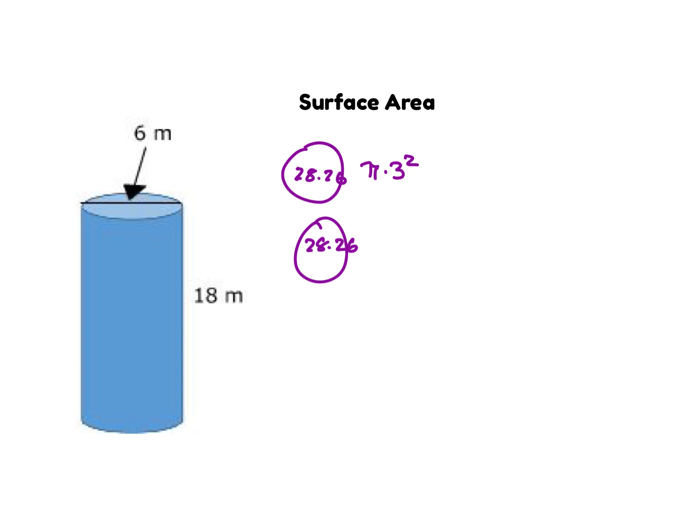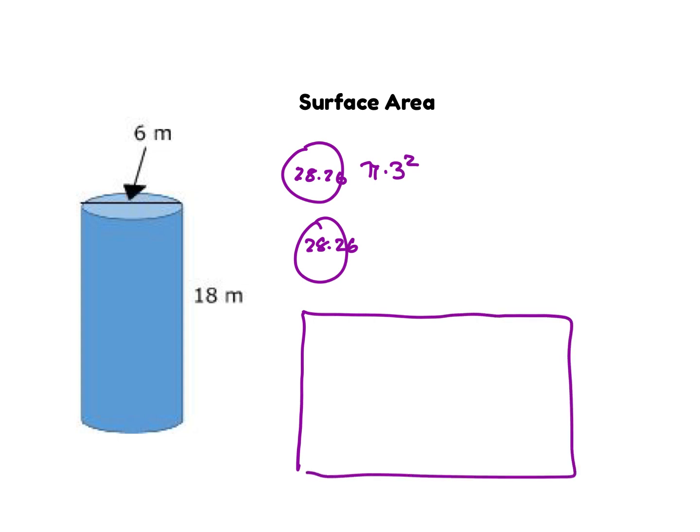Okay. Then I have this tall rectangle. It's got 18 meters as the one side, and the circumference is going to be your other distance. So circumference is pi d. I'm going to take pi times 6. Again, I'm using 3.14 every time I say pi. 18.84.